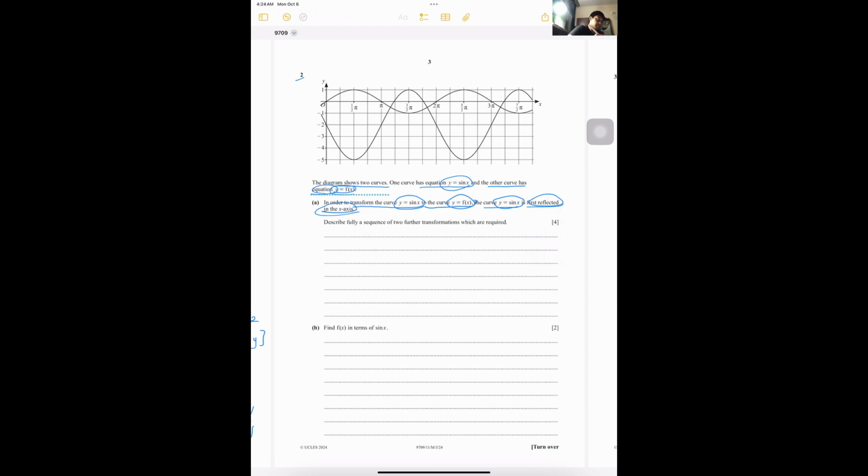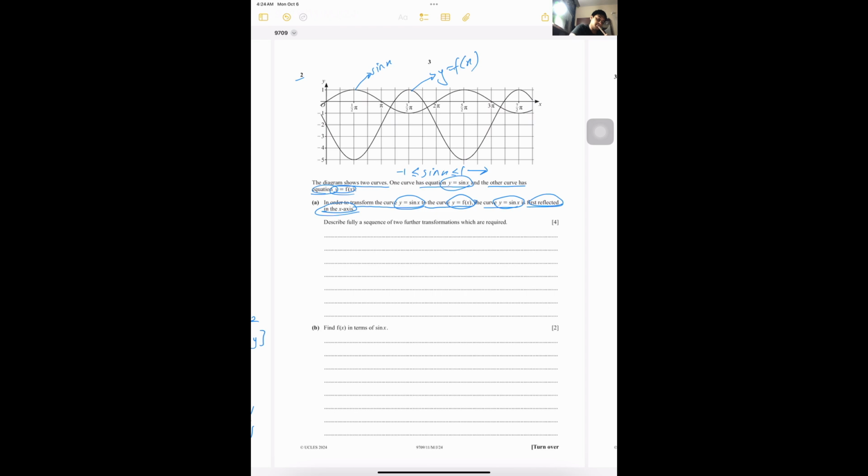Okay, so we know that sin x graphs move from minus 1 to 1, and this is transformed. So this one is our sin x graph, and this graph right here is our y equal to f(x) graph.